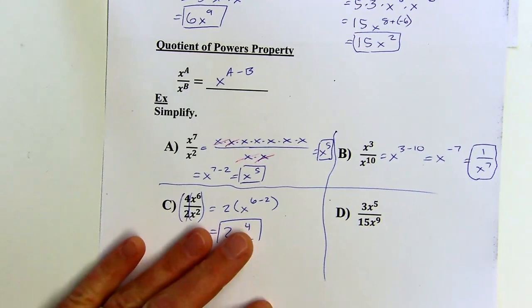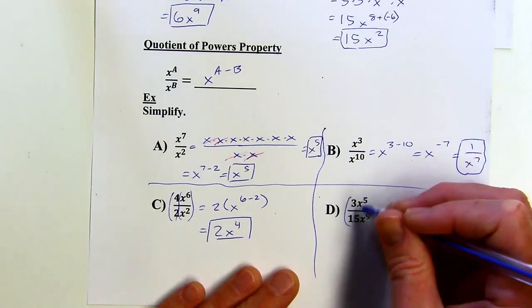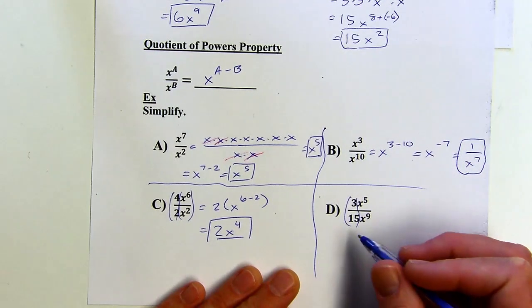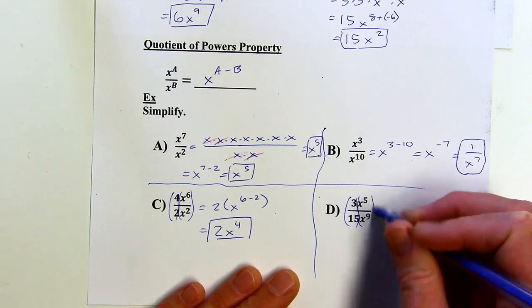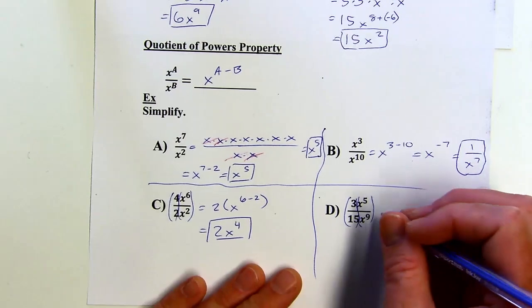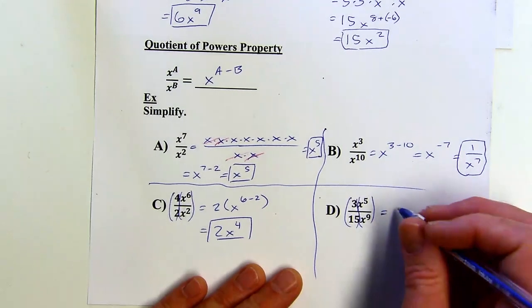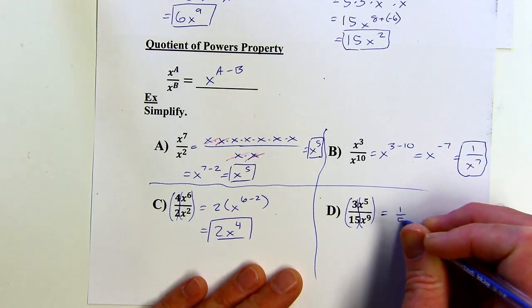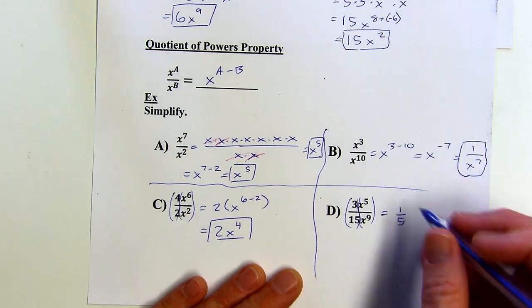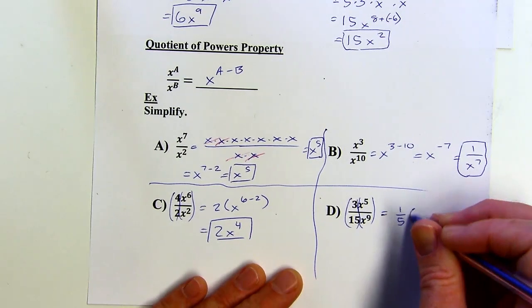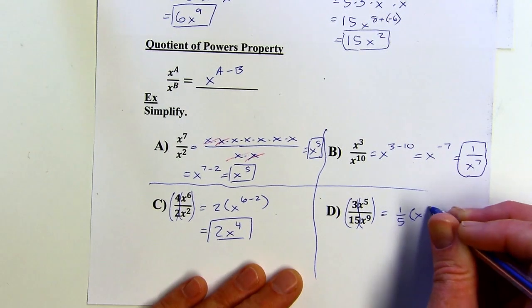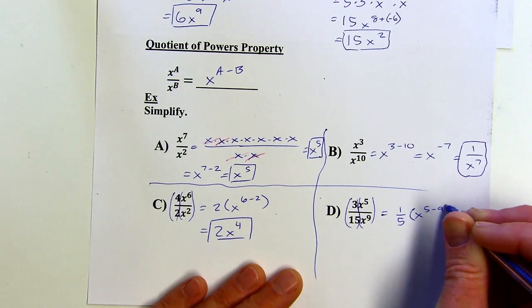Okay. So let's use that same principle here. I'm going to think of that as its own fraction, and then I'm going to multiply it by whatever that second fraction equals. So 3 over 15 is going to reduce to 1/5, because you can divide the top and bottom by 3. And then for the x's, I can think of that as x to the 5 minus 9.